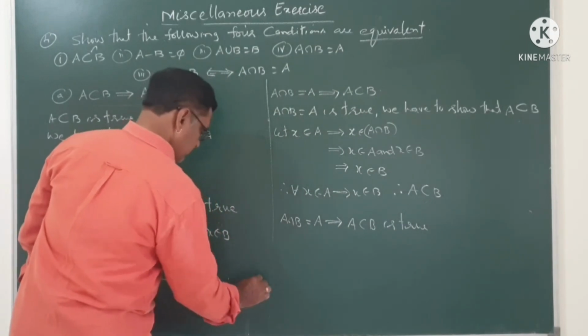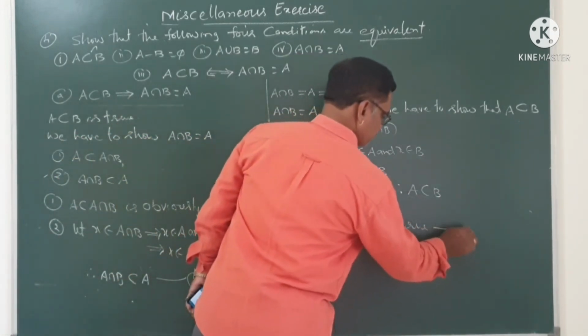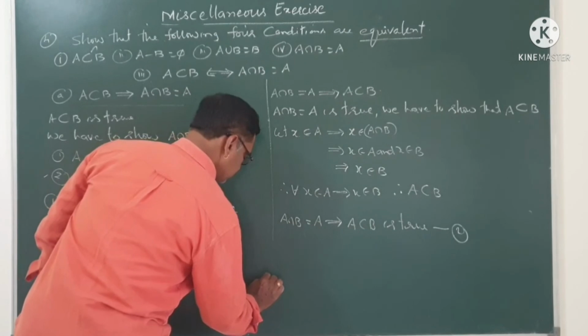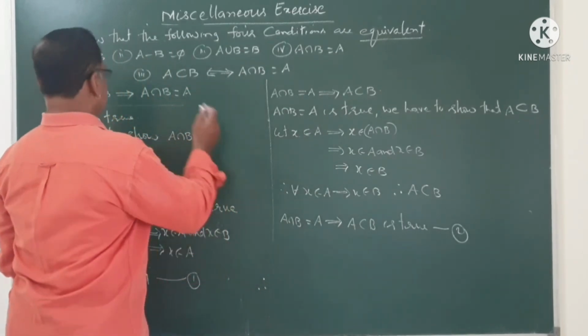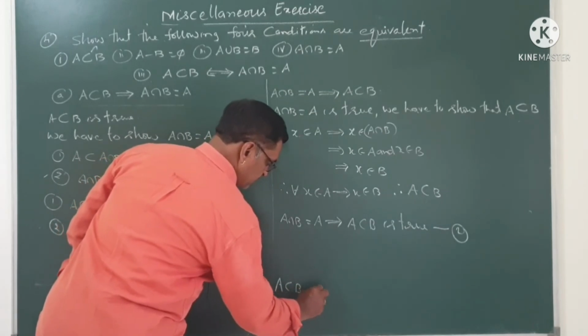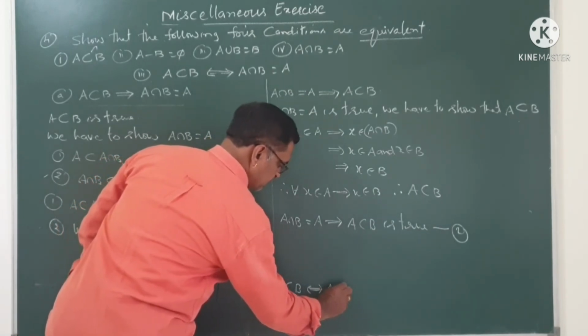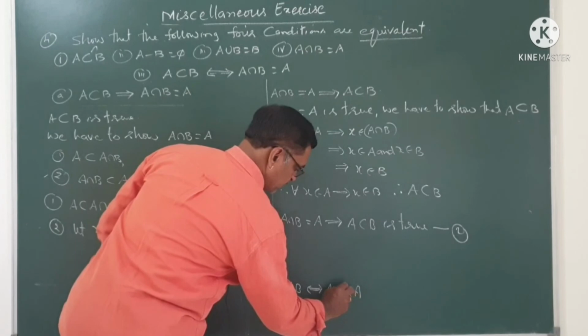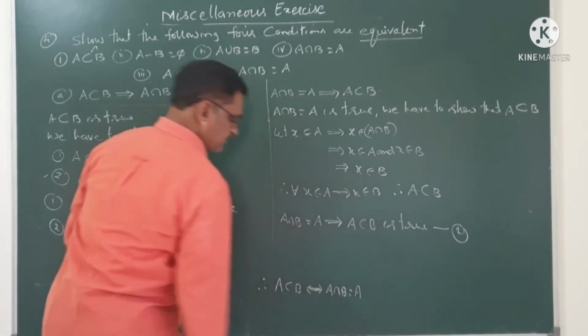Therefore this is number 2. Therefore, A is a subset of B implies and is implied by A intersection B is equal to A. It's true.